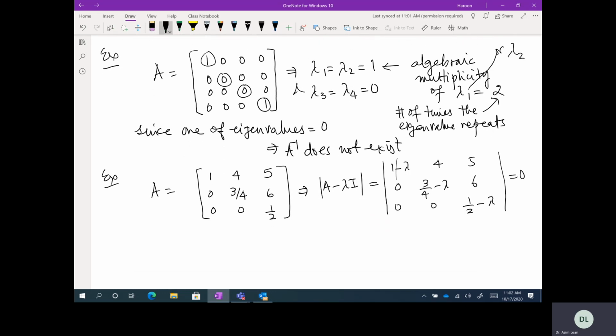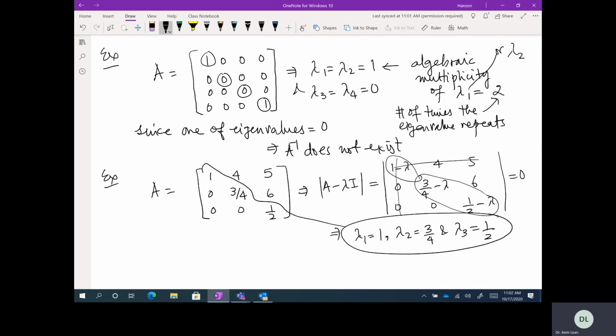The determinant is simply the product of the diagonal entries, so lambda 1 equals 1, lambda 2 equals 3 by 4, and lambda 3 equals half. All these values reside on the main diagonal. For an upper or a lower triangular matrix, the eigenvalues reside on the main diagonal.